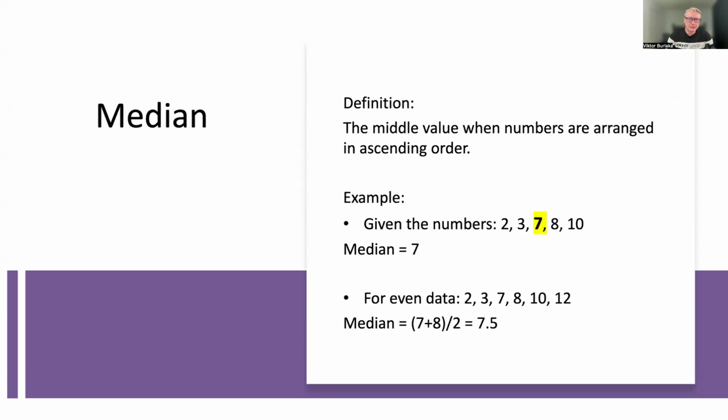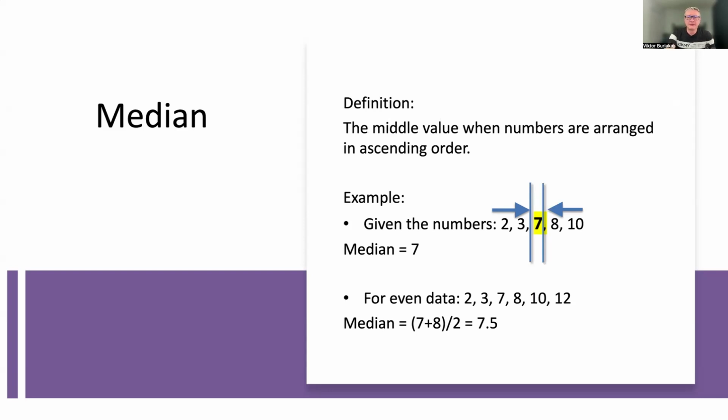The median is the middle value in a data set when arranged in ascending order. Unlike the mean, the median is not influenced by extreme values. For example, in the data set 2, 3, 7, 8, 10, the middle value is 7, making it the median.